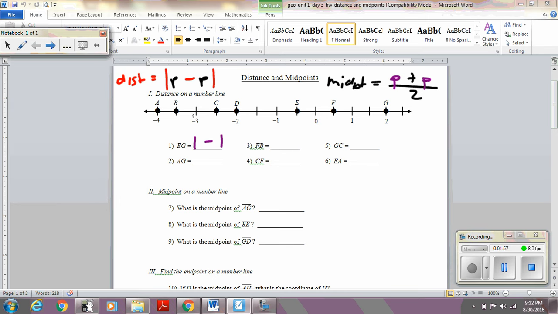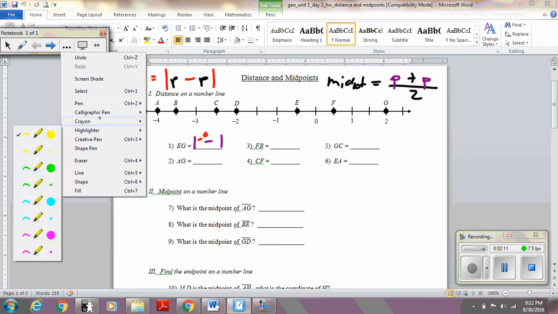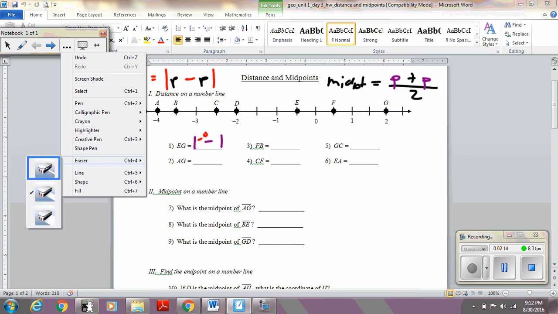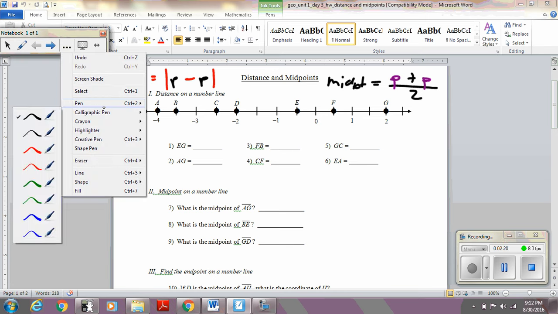So point E is at negative 1/2, so negative 0.5. Sorry, it's not going to fit, let me erase and make it bigger. One thing you should notice on this homework assignment is that each line doesn't represent 1, each line represents half. So be careful when you're doing your work.